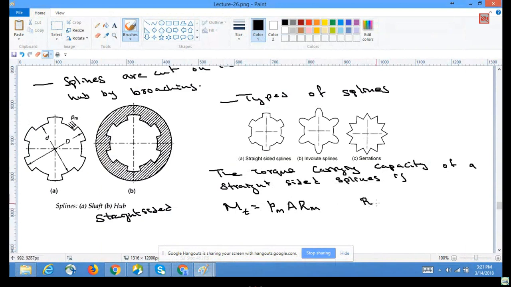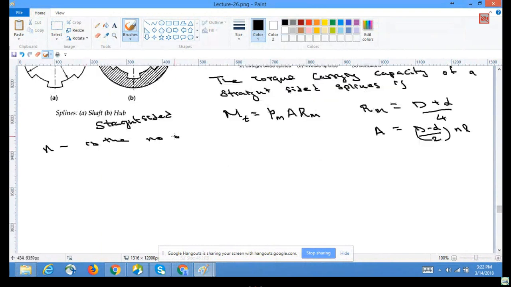the radius, where the equivalent radius is calculated as (D plus d) by 4, and the area, this impinging area on which the pressure PM is acting, can be calculated as (D minus d) divided by 2 times N L, where capital D is the outer diameter, small d is the inner diameter, N is the number of splines, the profiles that you are seeing on the shaft, and L is the length of the hub.